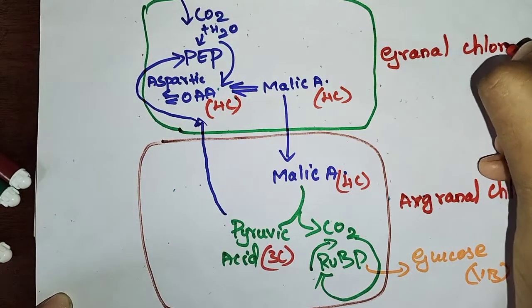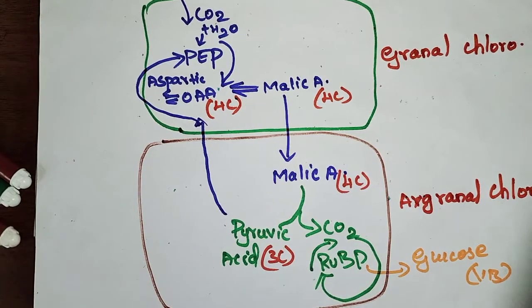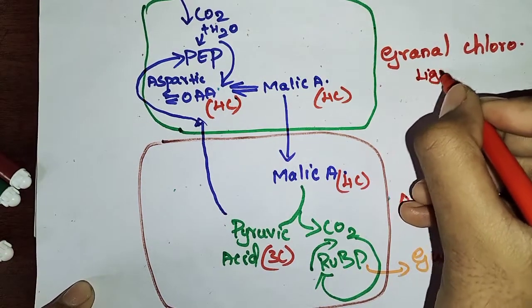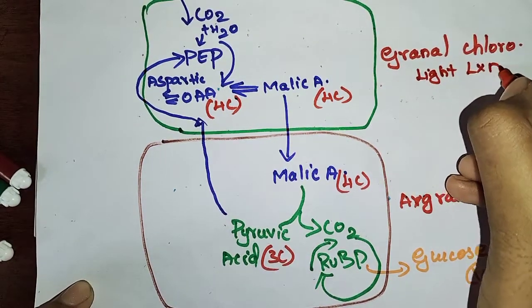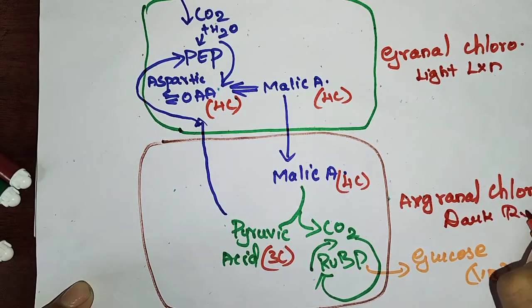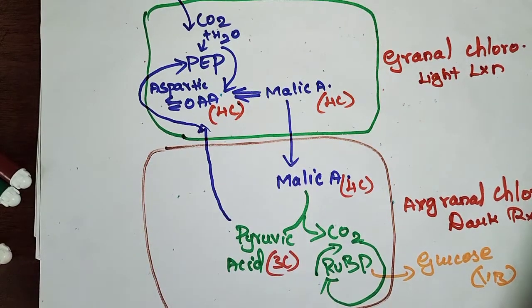Here granule chloroplast. If we have granule only, there will be light reaction, correct? So here we have light reaction. Here we have dark reaction. Clear? Okay. Now, how many ATP and NADPH are used over here?